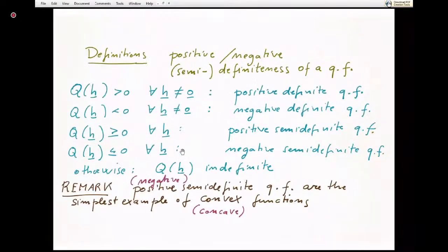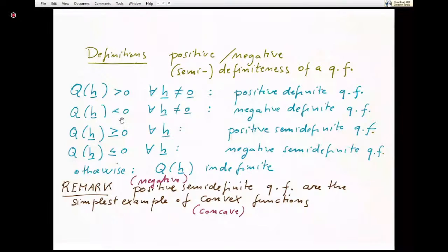In the case of quadratic forms, we don't just say positive or negative. We say positive definite or negative definite. Basically, positive definite means positive in the sense of the one variable case. When we have a quadratic form in n variables that, for any possible choice of the vector h, of course different from 0, is strictly positive, we say that our quadratic form is positive definite.